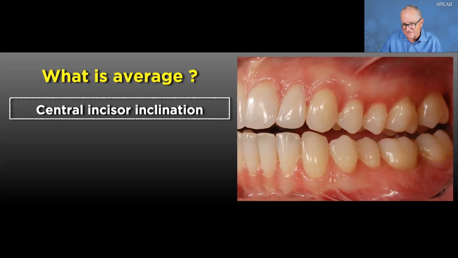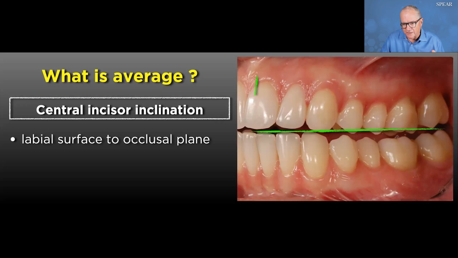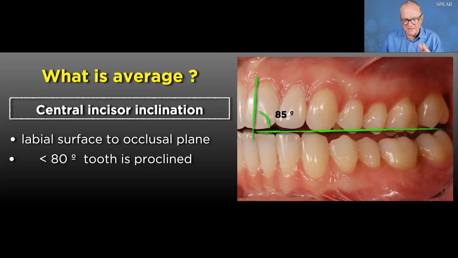And since I don't take cephalometric films, because I'm not an orthodontist, what I do is draw a line along the occlusal plane, and a line along the labial surface of the central, and 85 degrees is easy to measure on a computer. It's super easy to draw these lines on a computer. 85 degrees is a really nice inclination. Anything less than 80, that tooth is probably proclined. Anything over 90, it's probably retroclined.